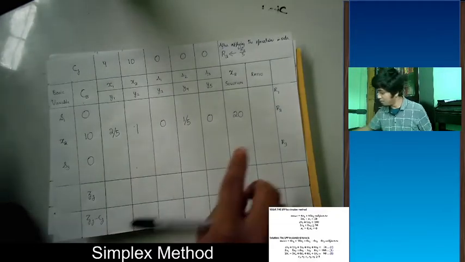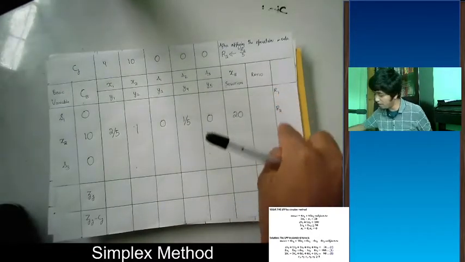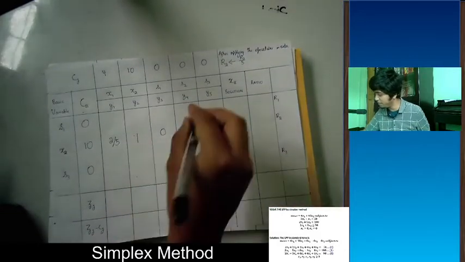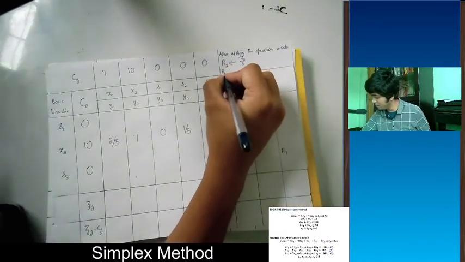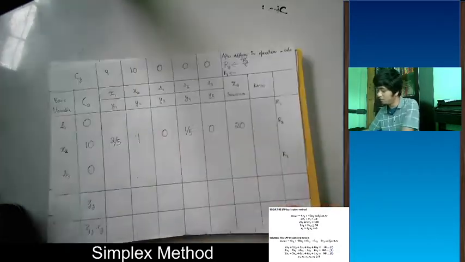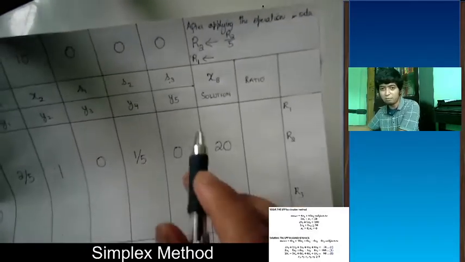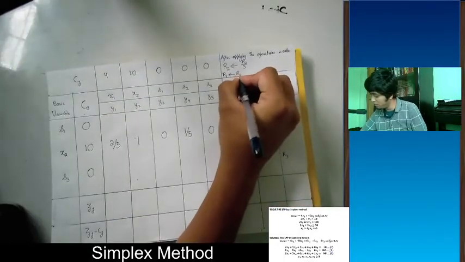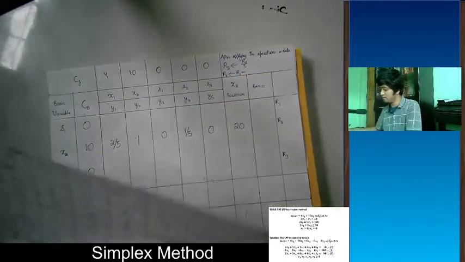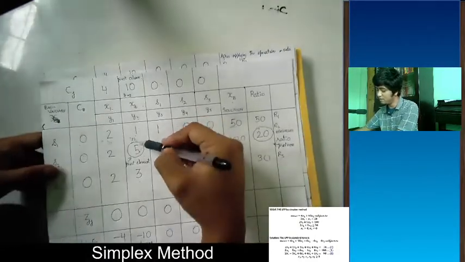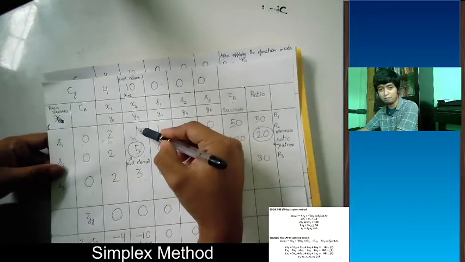Now that we have changed R2, R1 and R3 will also change. How will we do it? R1, over here it is R1, it will also change. It will be R1 minus this element here, which is 1.